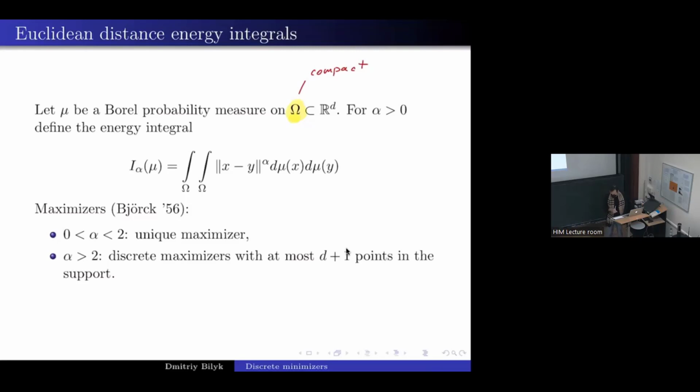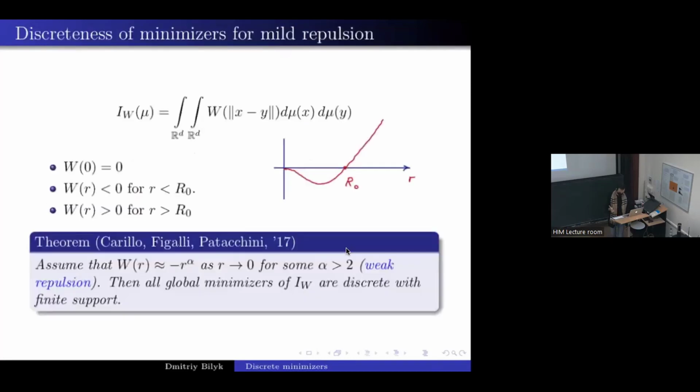And the proofs in Björck's paper are not very perturbable. They are specifically for this kernel, especially the proof of this part here. Well, there is a fairly recent result by Carrillo, Figalli, and Patacchini from 2017, which is very, very similar. And it's interesting. It seems that they did not know about Björck's result because it's not cited there.